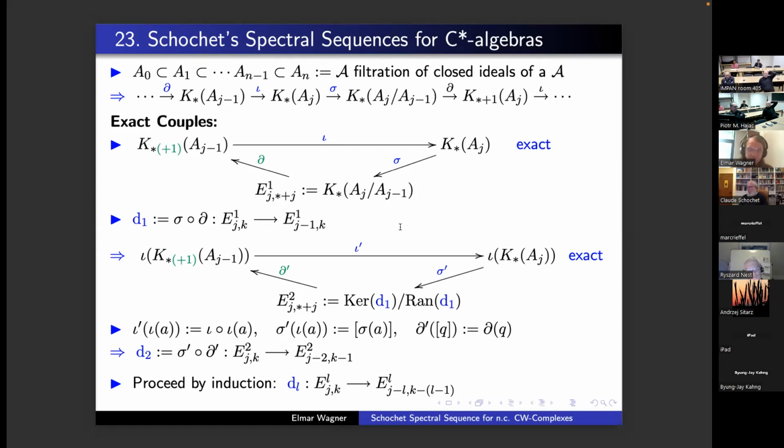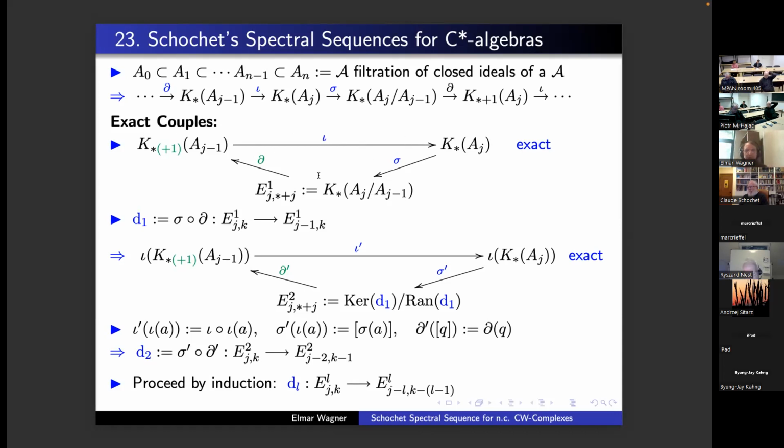Now, we constructed the spectral sequence by an exact couple, and here you see this six-term exact sequence. We have this inclusion map: the ideal we include, then we project to the quotient, and here we have the boundary map. So we get in K1, one higher, one lower, by Bott periodicity, it doesn't matter too much, and then you go around and around.